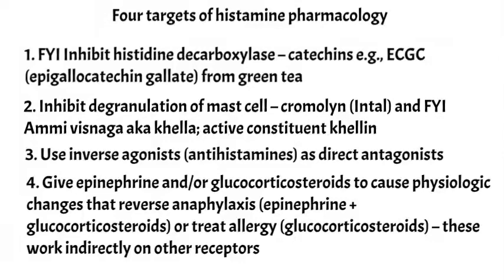Most commonly, we use inverse agonists, antihistamines like diphenhydramine, as direct antagonists of the receptor to reduce the effects of histamine. Finally, we can use physiologic antagonism by giving things like epinephrine and/or glucocorticosteroids to reverse anaphylaxis or treat allergy.